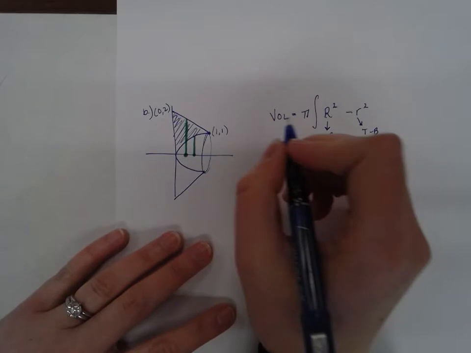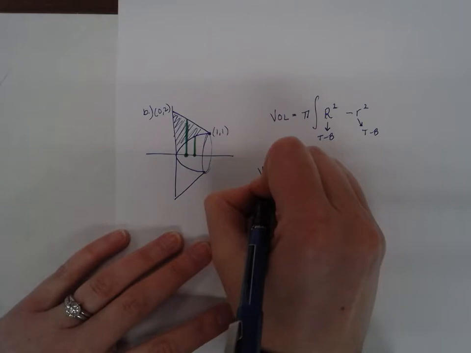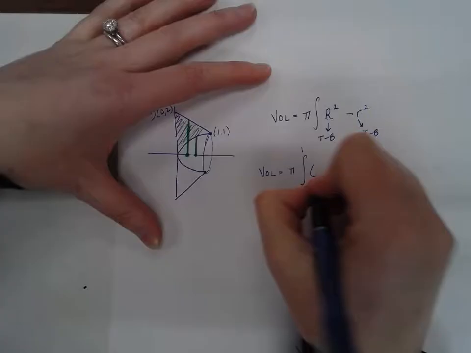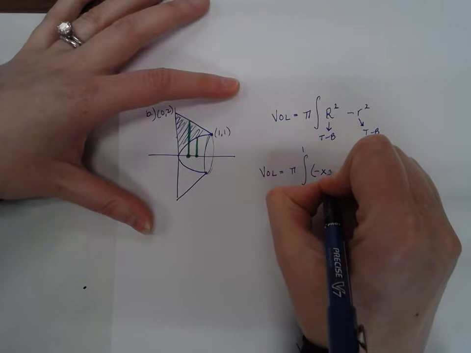So now I just have to fill in all my information. The volume is going to be pi, the integral, all x's. My big radius, if I look at the big radius, the equation on top is the line, negative x plus 2, minus, I'm revolving around the x-axis, so that's 0, squared.